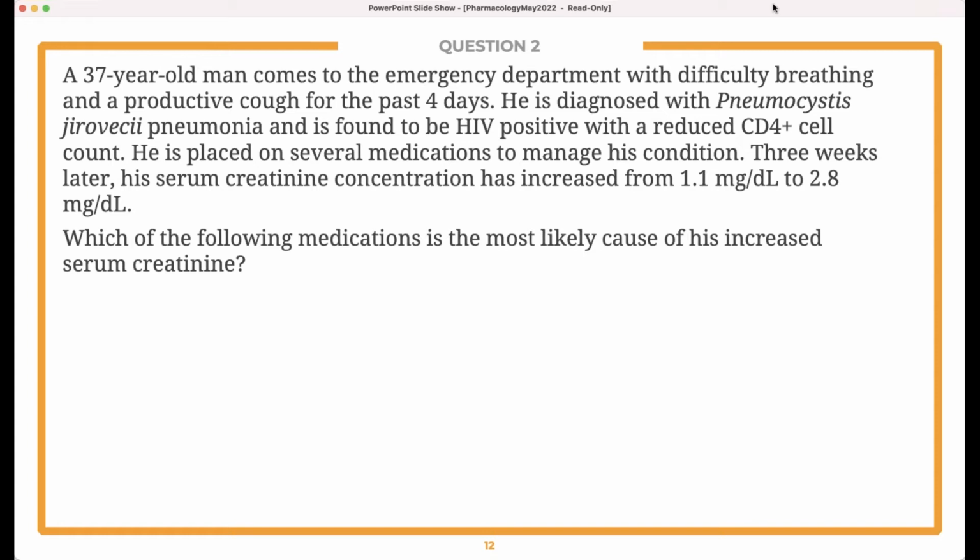So again, the question: which of the following medications is the most likely cause of his increased serum creatinine? Think about that. Let us know how many steps you think it will take to answer this one as I pass it over to Sean.